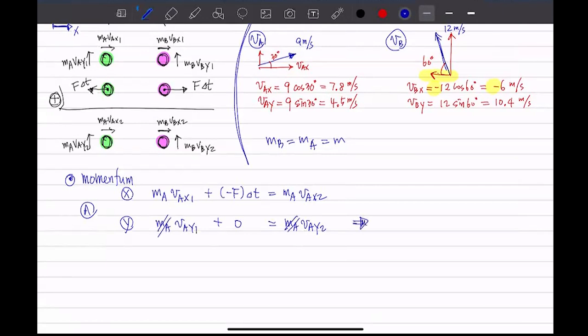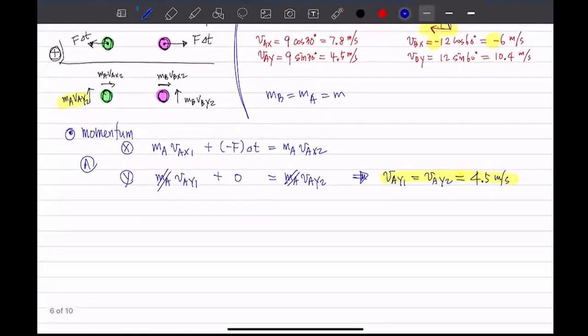So vA,y1 is the same as vA,y2. That's one thing we can identify. And by the way, vA,y1 is given as 4.5 meters per second. So this is going to be 4.5 meters per second. We just got that. So this one is solved here, all right?